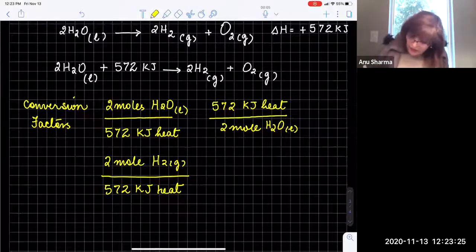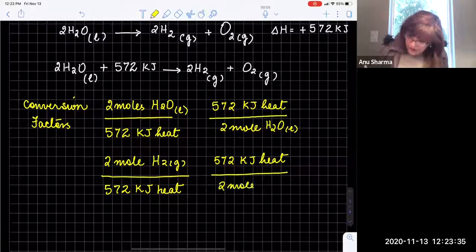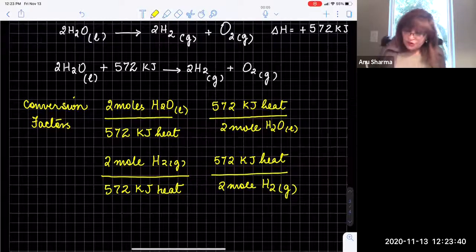So this is one, or 572 kilojoules of heat gives 2 moles of hydrogen in a decomposition reaction of water.